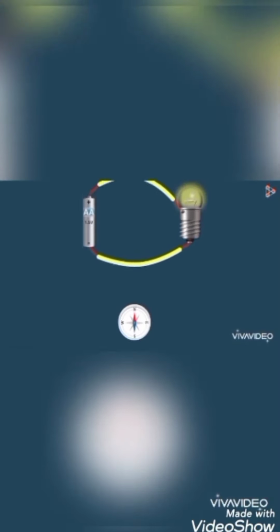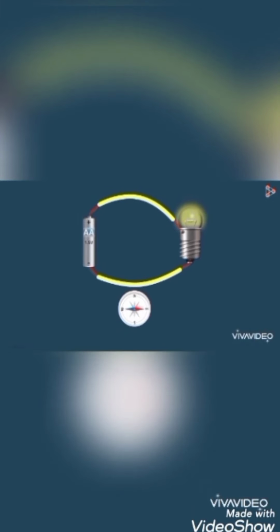Here you can see a compass needle and a current carrying conductor. Let's do an activity using these two. Are you ready? Suppose the current flows through this electric circuit, what will happen?